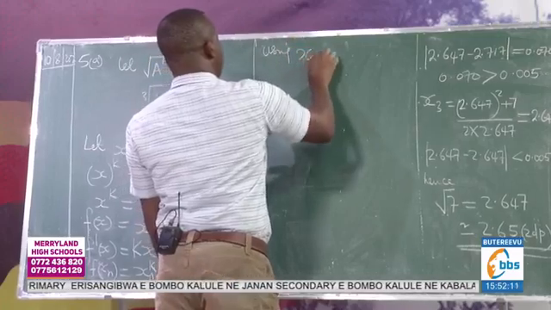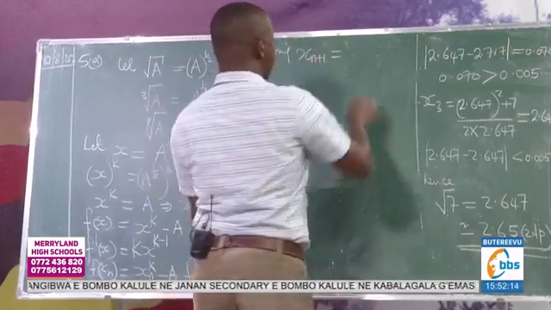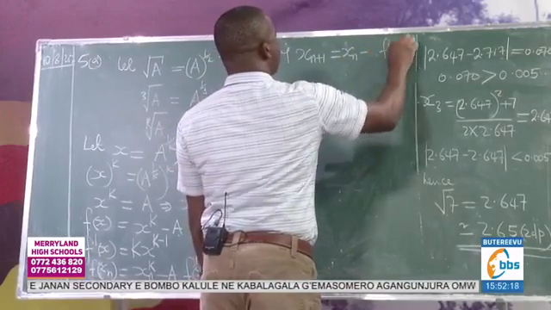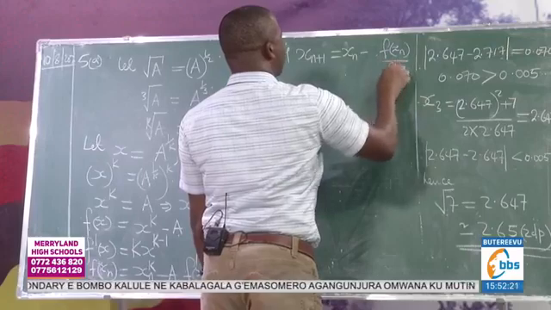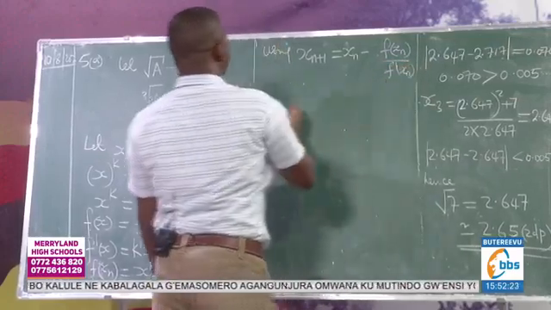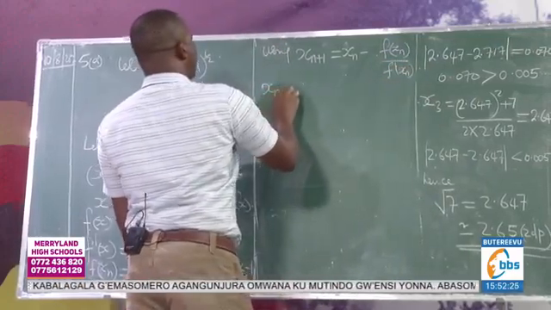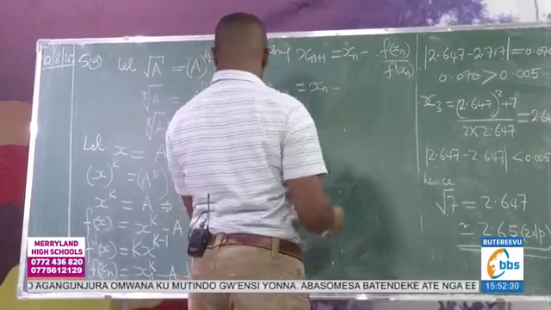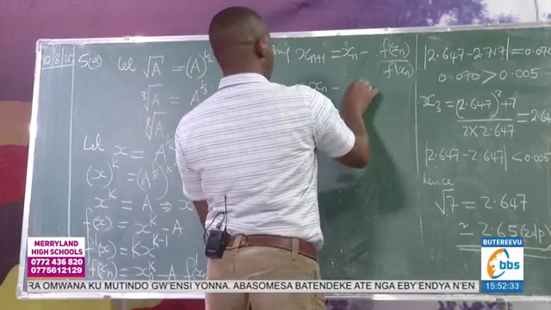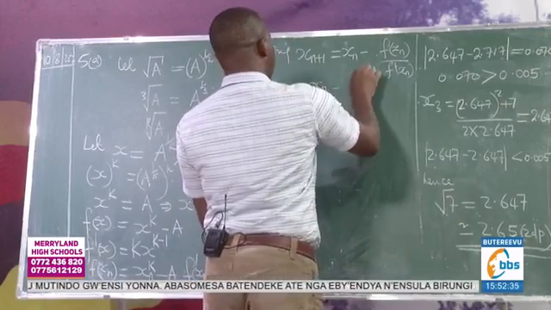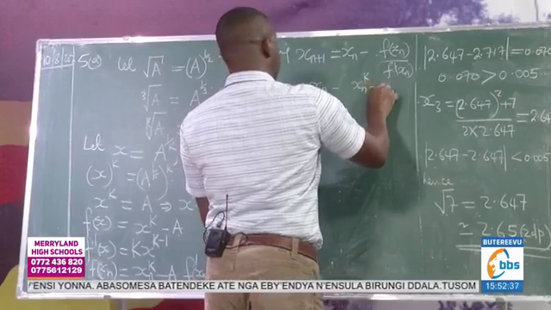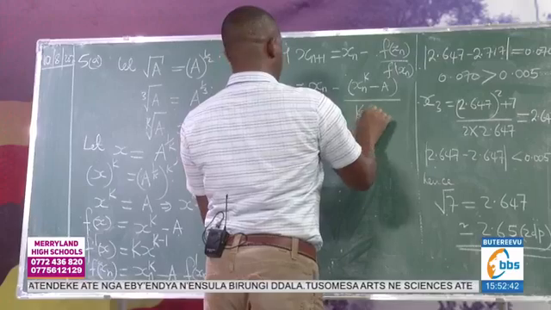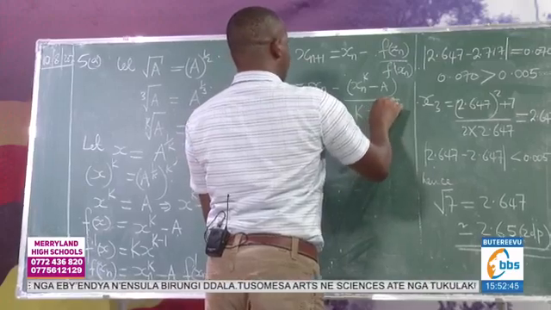Using xn plus 1 equals xn minus f of xn over the derivative of f of xn, we shall have xn plus 1 equal to xn minus xn to the k minus A over k xn to the k minus 1.